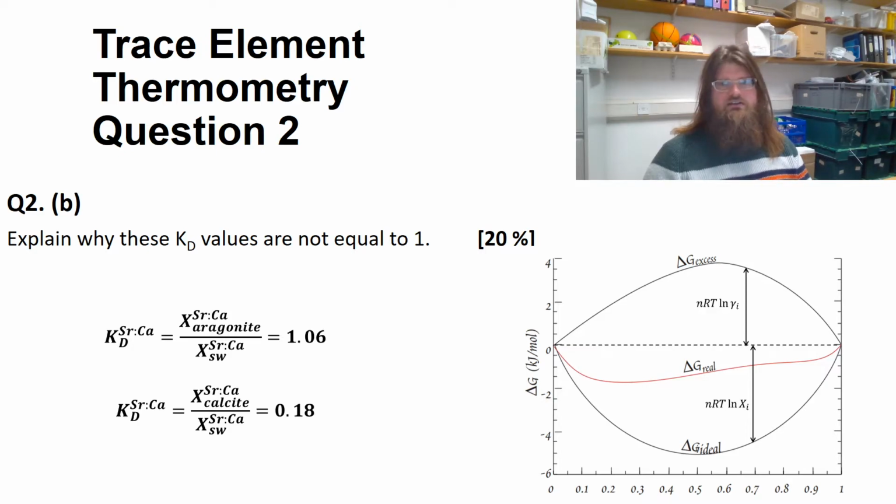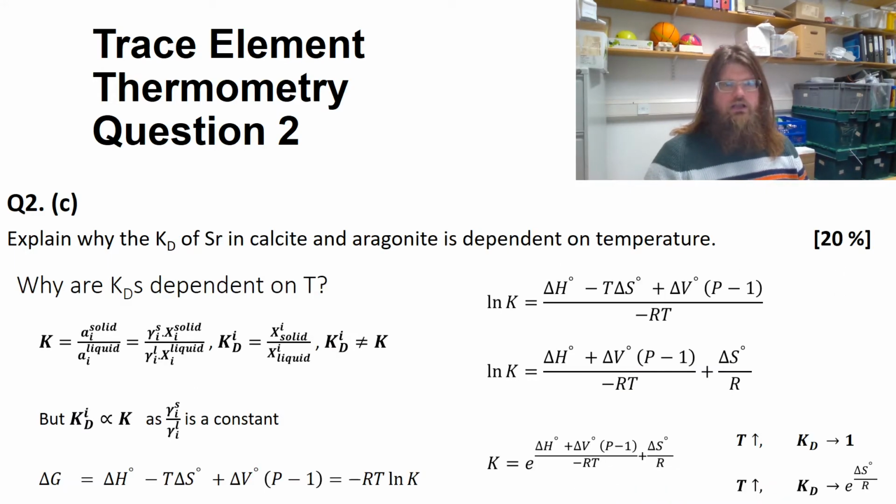So something that discussed that the substituting elements are not the same size, that substitution requires there to be some enthalpy of mixing, which causes the KDs here to be not 1. They're near 1, but they're not 1.